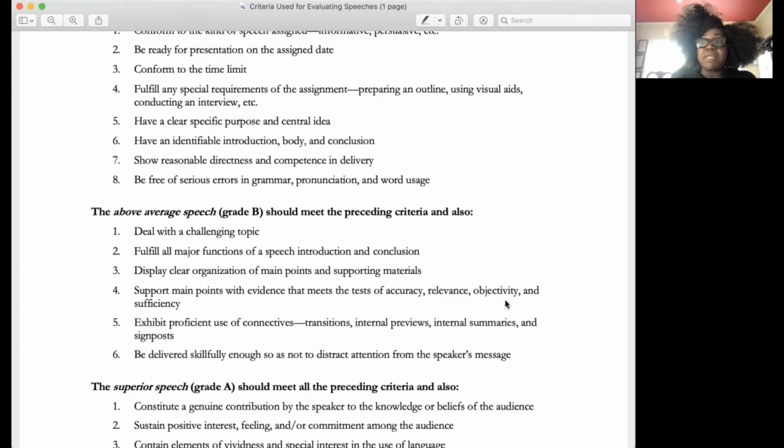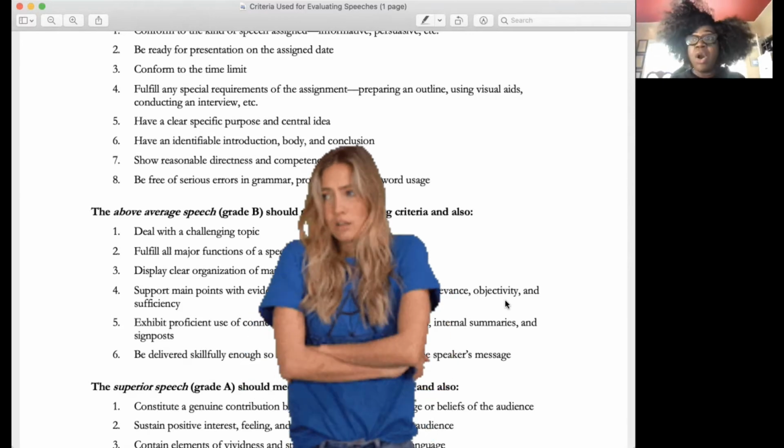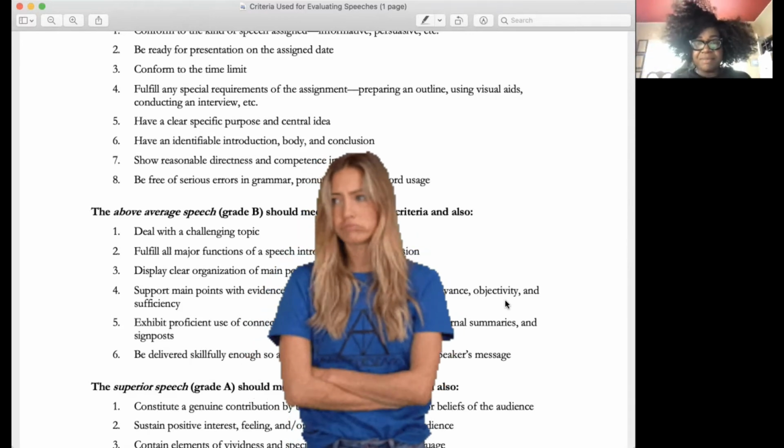Sufficiency means it has to be enough. Whatever you say has to be sufficiently supported. I should not be able to say, well, you said ABC, but what about DEF? Because if I can ask you about DEF, it means that you haven't considered all the possibilities.